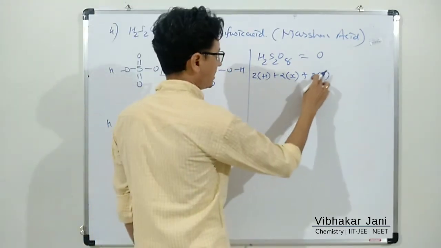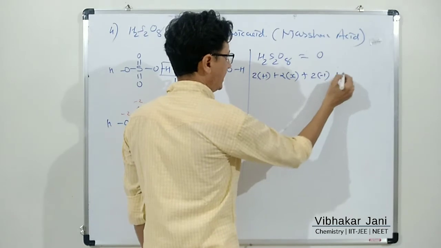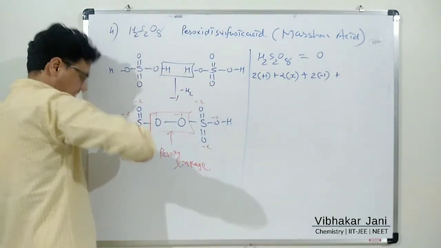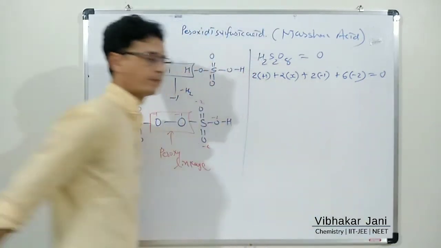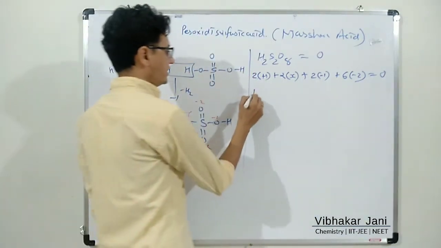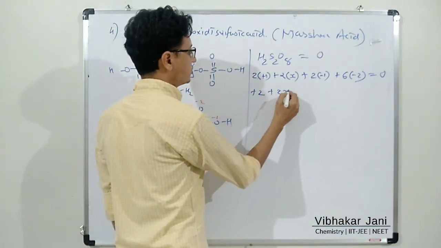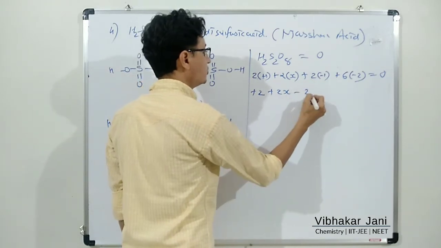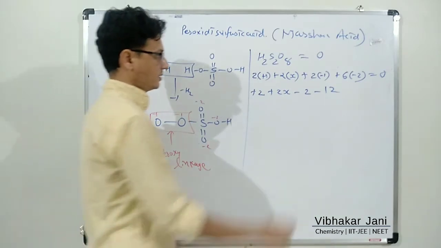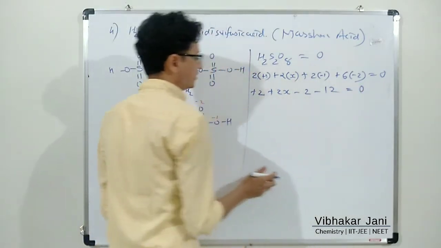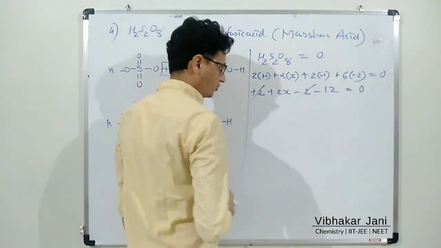So 2 oxygens are having oxidation state -1, and 3 plus 3, that means 6 oxygens are in -2. Okay, so it is +2 plus 2x -2 -12 is equal to 0. So this +2 and -2 will be cancelled.